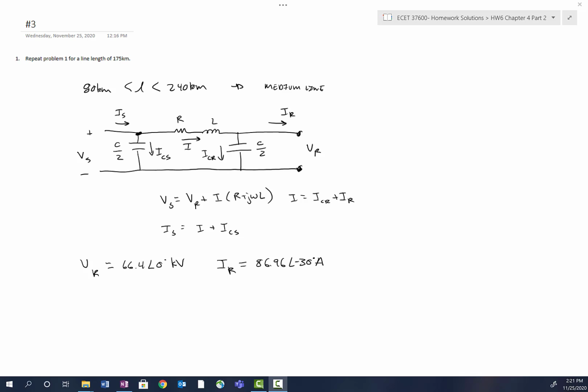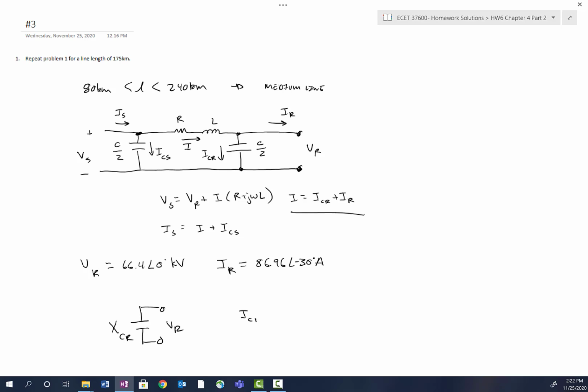So now we need to figure out what that line current I is, and that's this formula right here. So we need to calculate ICR. We didn't have that. We can see that the current flow through this capacitor is the voltage across it, which is VR, divided by its reactance.